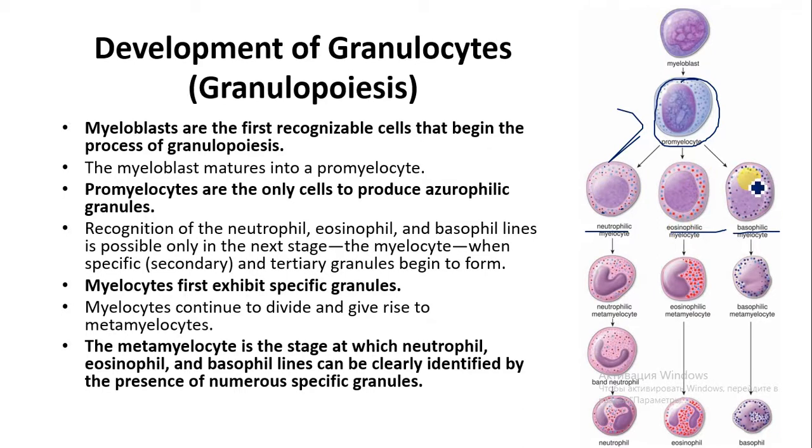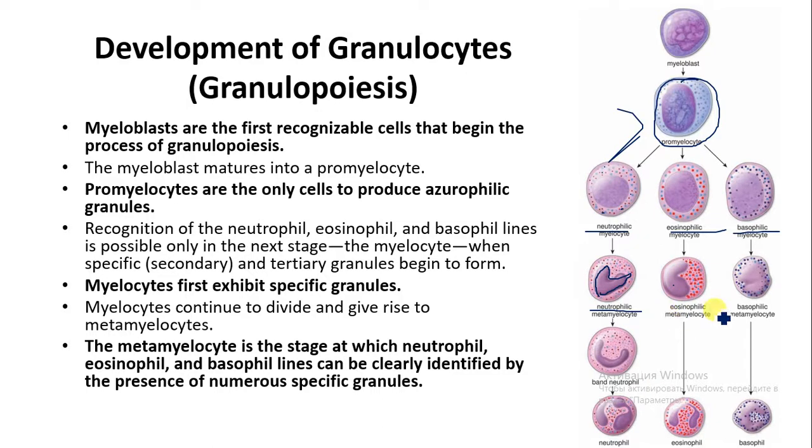Then the next step of maturation is related to curving of the nucleus into a bean-shaped nucleus. This bean-shaped nucleus and the possession of neutrophilic granules gives the name neutrophilic metamyelocyte. The same bean-shaped nucleus and eosinophilic granules inside is known as the eosinophilic metamyelocyte.